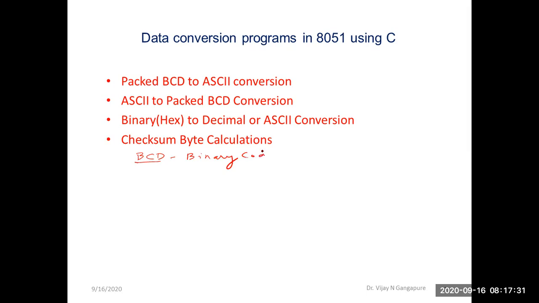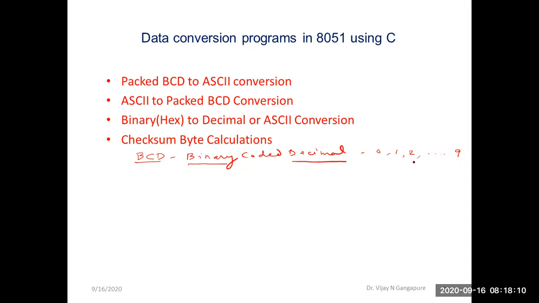It represents a decimal number, but it is coded in binary. The unique decimal symbols available are 0, 1, 2, up to 9. And binary coded decimal means these decimal numbers are coded in binary.